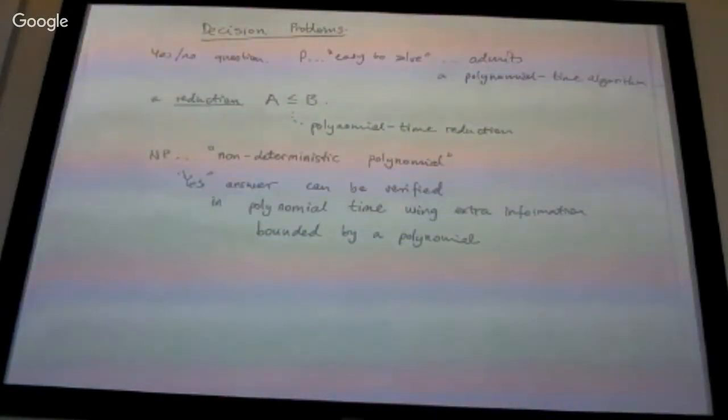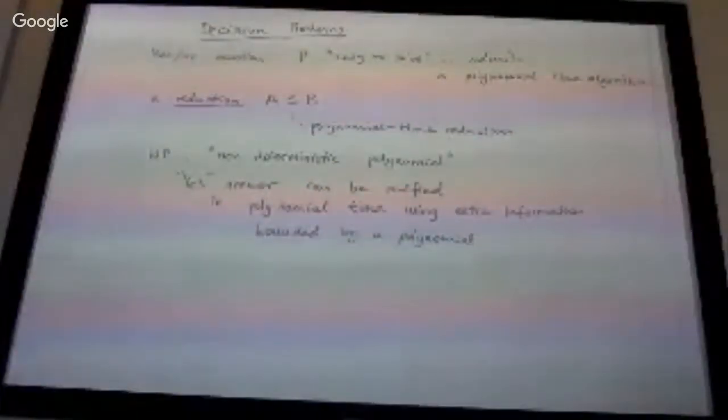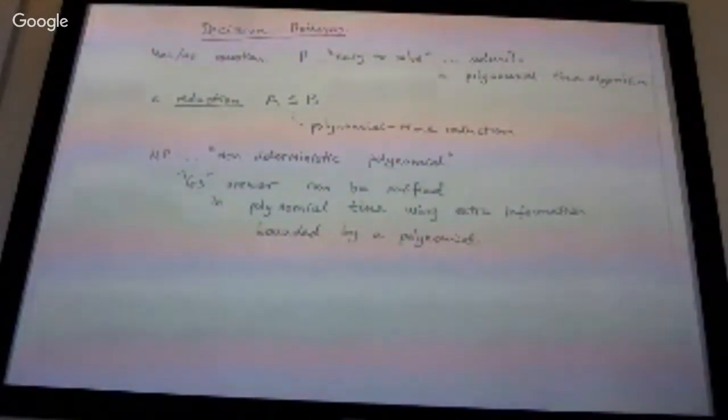Another way to think about it is that these are problems that can be solved in polynomial time if you have infinite parallelism. Today's computers typically have several cores, so they can execute several things at the same time. This one has 2, I think, and my new one has 4, so it can do 4 things at the same time.